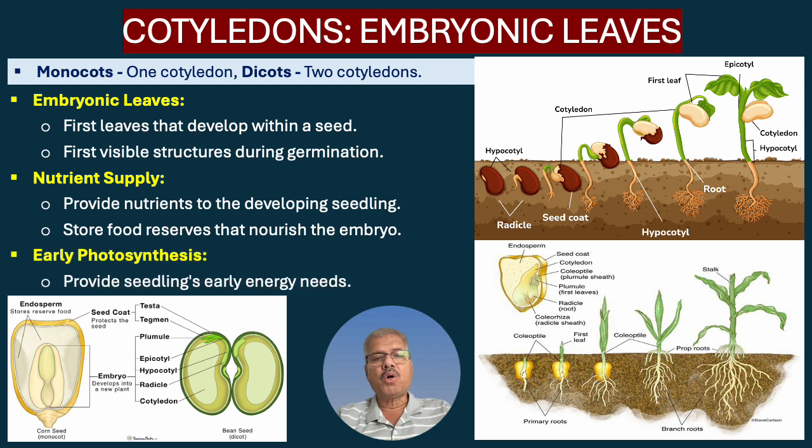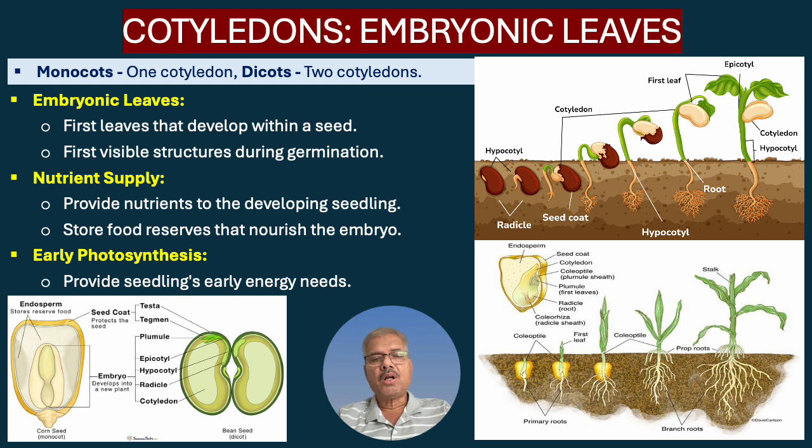In some species, cotyledons can even perform photosynthesis themselves, providing the seedling with an early source of energy. Beyond their nutritional function, the number of cotyledons present in the seed serves as the primary characteristic for classifying the flowering plants.